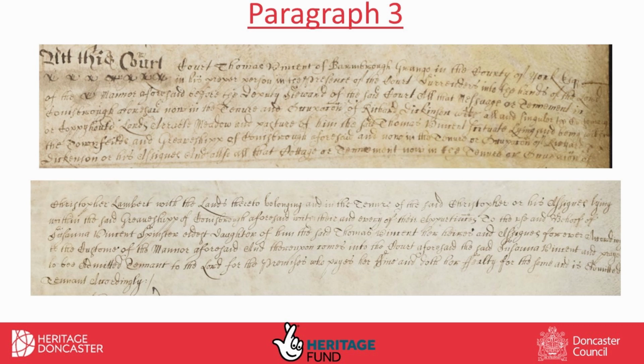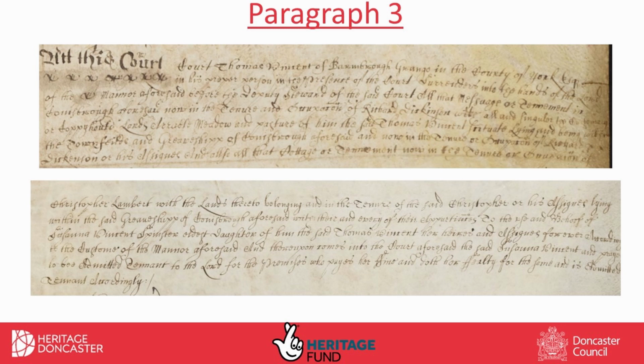And secondly, he resigns a cottage and tenement occupied by Christopher Lambert. He's resigning these things for the use and behoof of his eldest daughter Susanna, a spinster, and to her heirs.